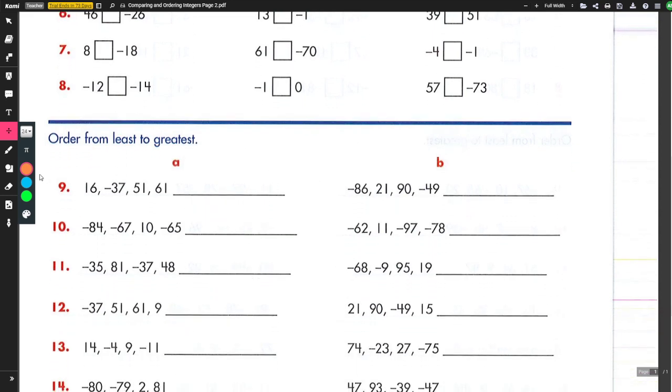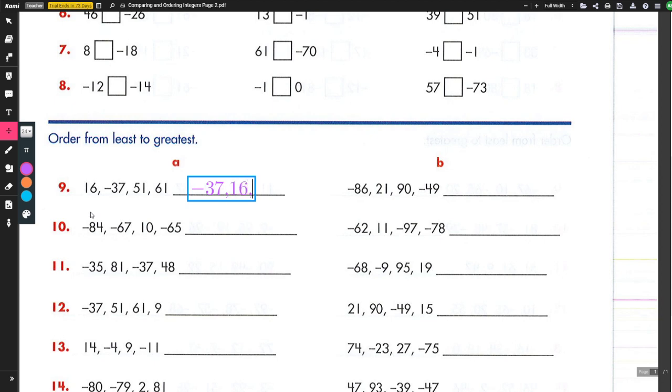Okay, here we're going to be listing the numbers from least to greatest. The smaller numbers will always be negative, the bigger numbers will always be positive. Remember, the bigger the negative, the smaller it is. So luckily here we only have one negative. It's going to be negative 37. Next, our next smallest is 16.